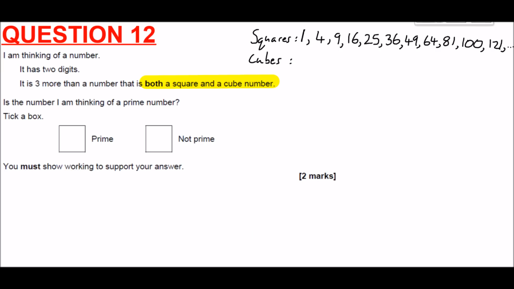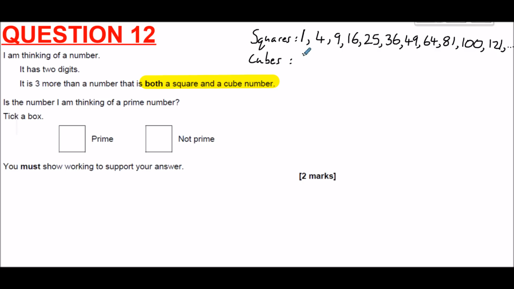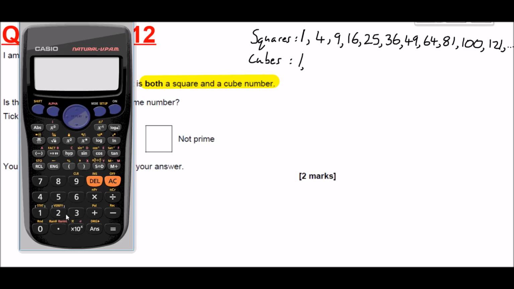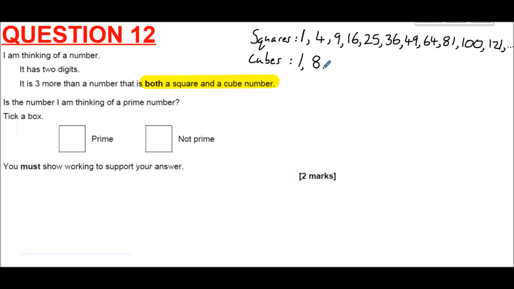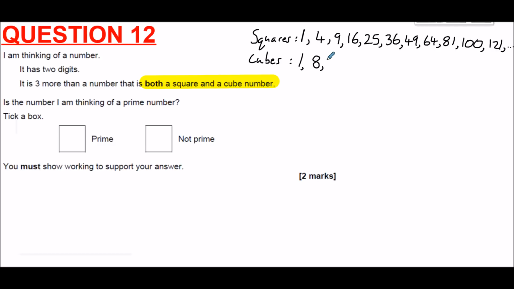Cube numbers, we can do in the same way, but instead of to the power 2, we've got to the power 3. So the first cube number is also 1. Second cube number is 2 cubed, 2 to the power 3, which will be 8. Next one, be 3 cubed. That means 3 multiplied by 3 multiplied by 3, which is 27.